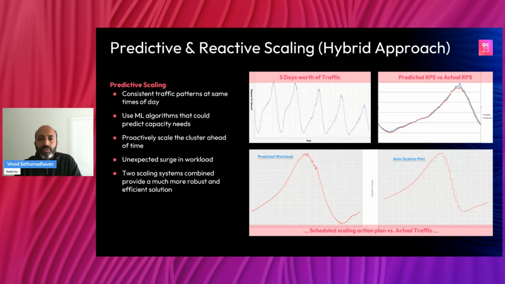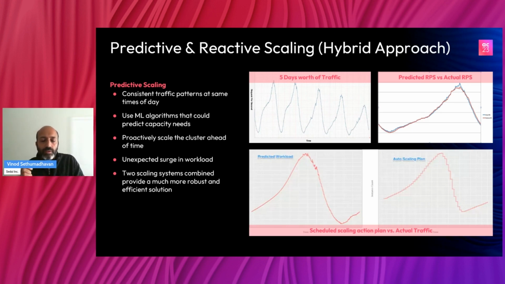And in the last screenshot, you can see that the predicted workload and the auto-scaling plan are working very close together, with the auto-scaling happening way before the load increases.